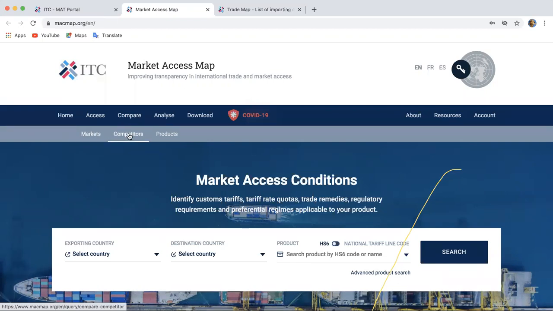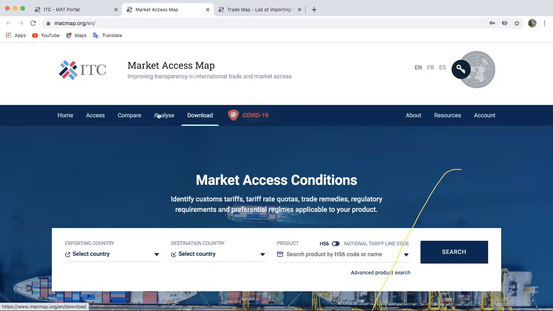If I want to see what treatments my competitors get in a market I already chose, I go to this one. And if I just want to see which products in my portfolio have very good treatments in a specific market, we can look into which different products get which tariffs.